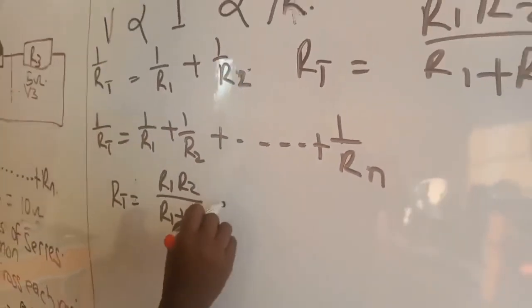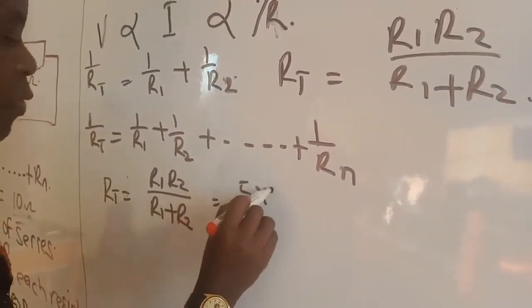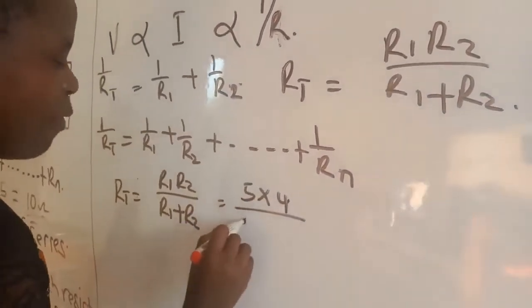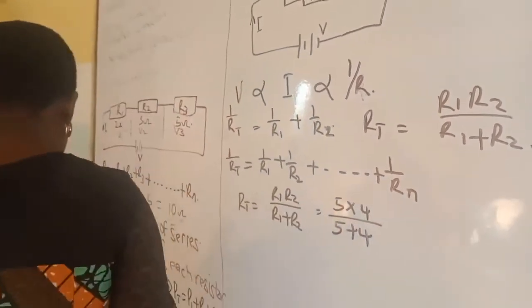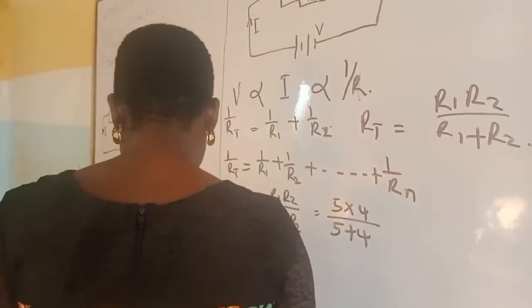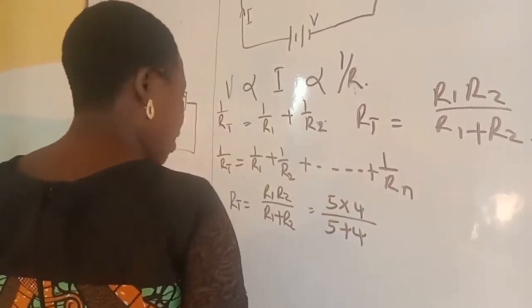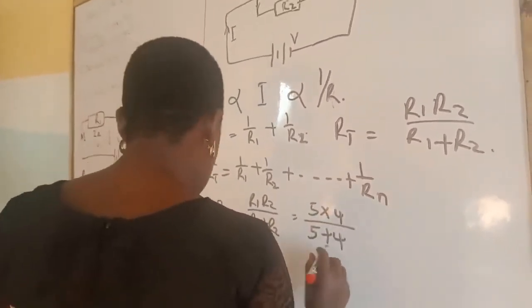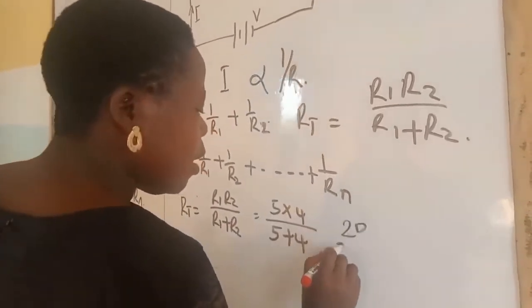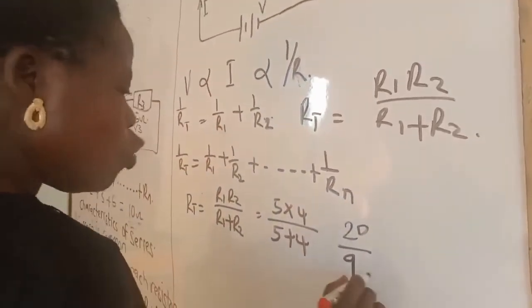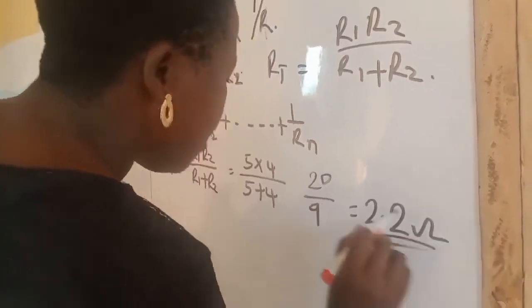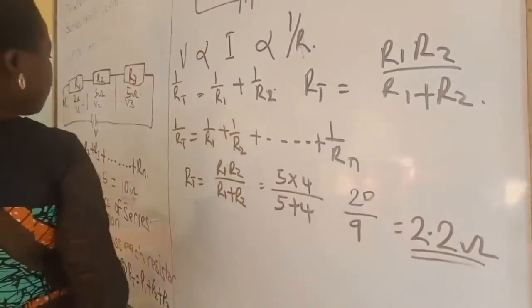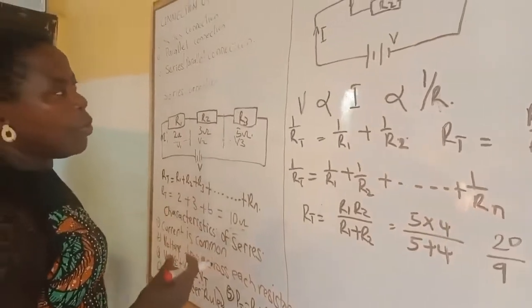So we are saying that it's equal to 5 times 4 divided by 5 plus 4. If you use your calculator to do that, you will get your value to be 20 over 9, and that is 2.2 ohms. That is the total resistance of that circuit on the board.